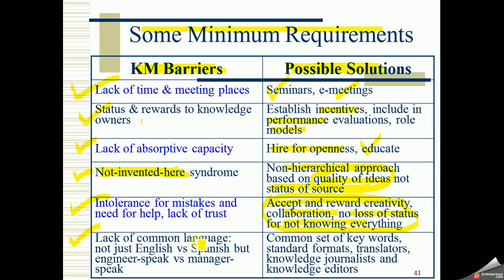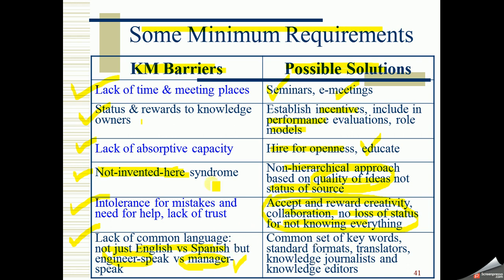The last thing is lack of common language. By language, we do not mean the natural language, like English or Spanish, but we mean the technical language the engineers speak versus the managerial language. The technical people have different terminology, different norms, different targets or goals, and the managers have competing objectives or goals.